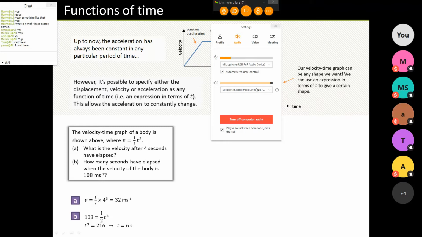My microphone says it's active and it's picking up my sound. There's a couple of people saying they can hear me, a couple of you that can't hear me. What about now? Yasina and Tina, can you hear me now?